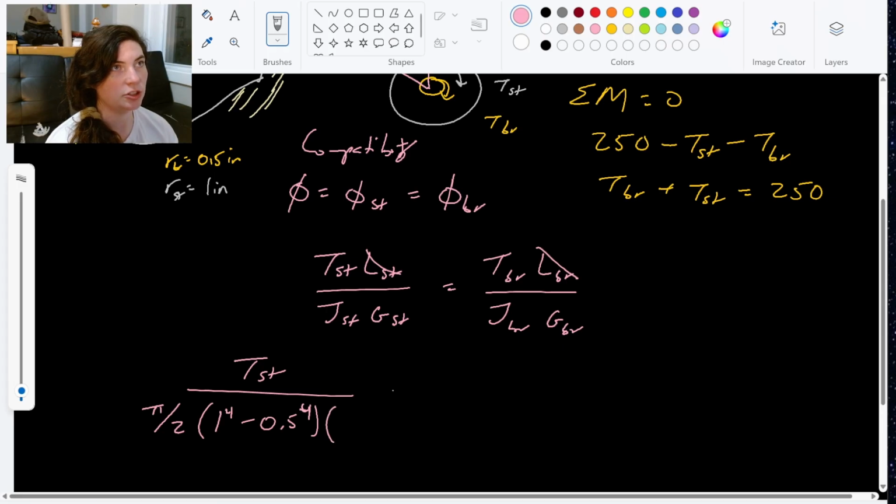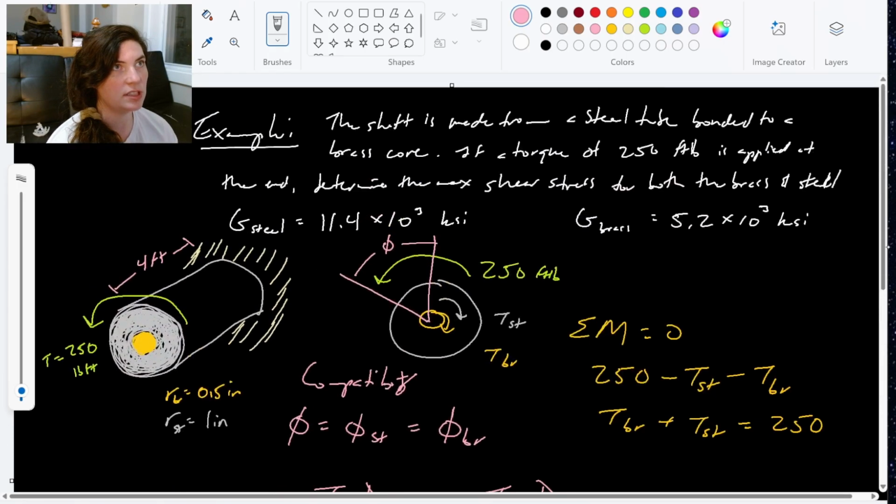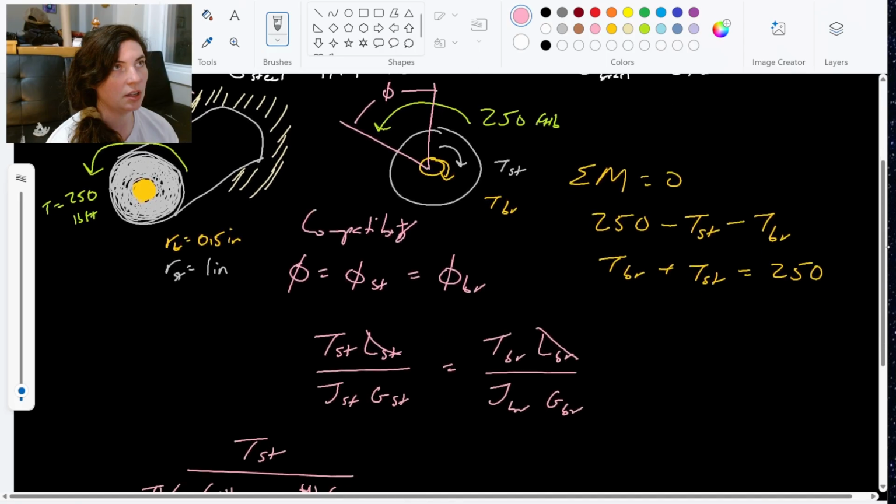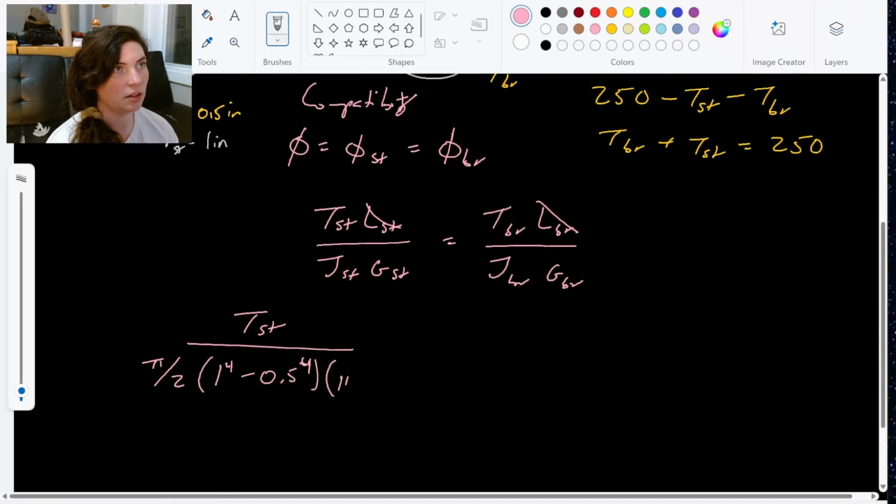Then times our shear modulus of elasticity for steel, 11.4 times 10 to the 3rd KSI. I'm in inches, and KSI is kips per square inch, so I want to make sure I keep my units consistent.